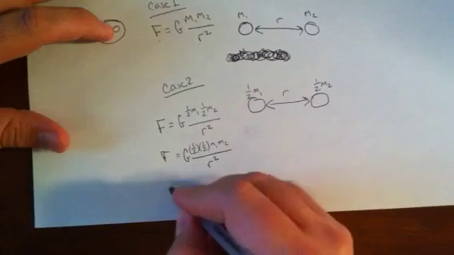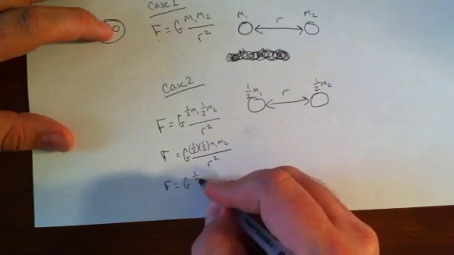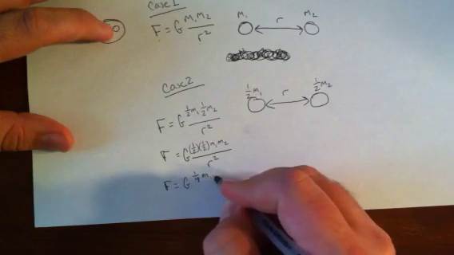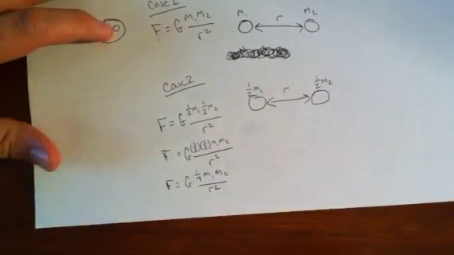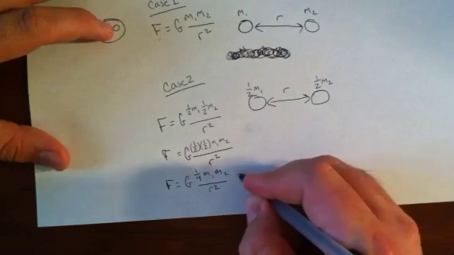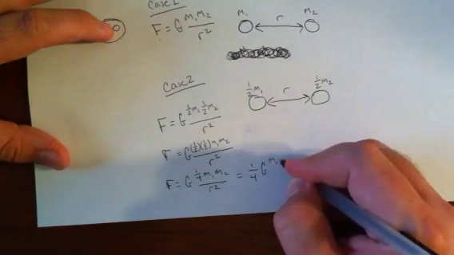Alright? And then we know that 1/2 times 1/2 is 1/4. So you get this. And let me just bring out this 1/4 in front so it's really easy to see for you.